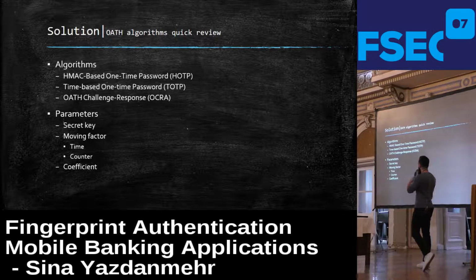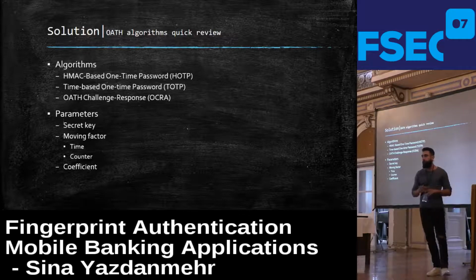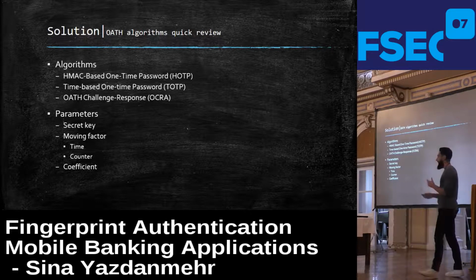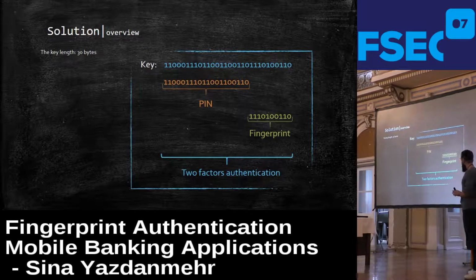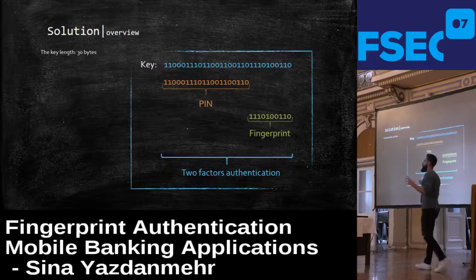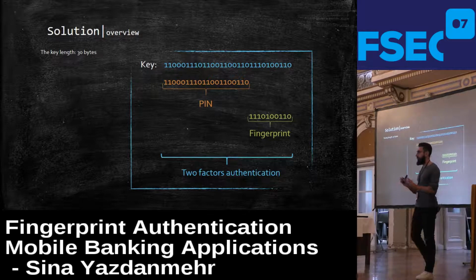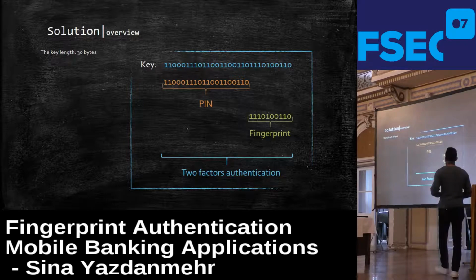Okay, how can we play with these parameters in order to implement a secure authentication and multi-level authentication? Imagine your secret key is 30 bytes. This is just an assumption. It can be any length.